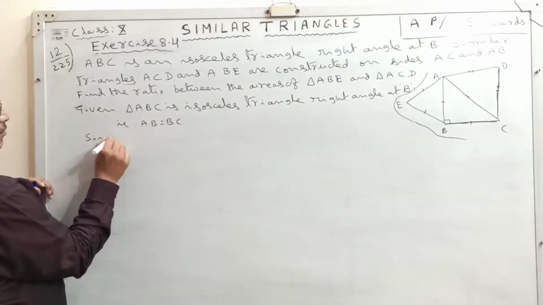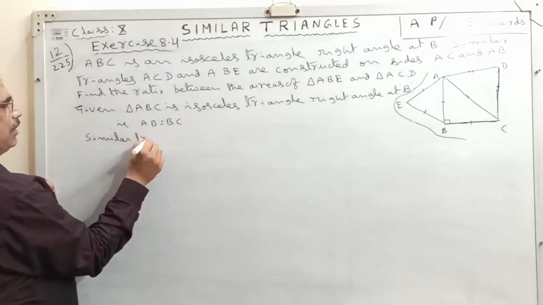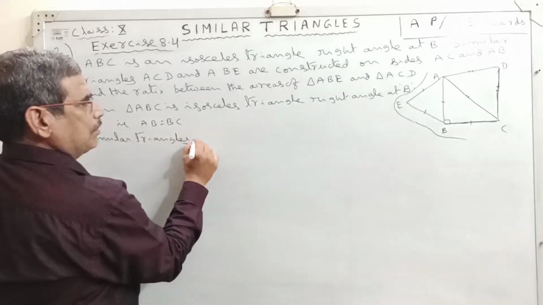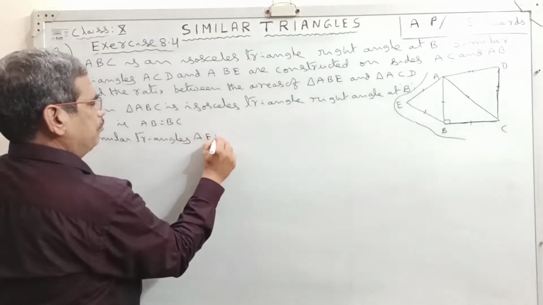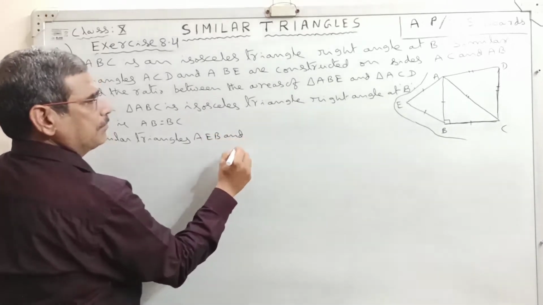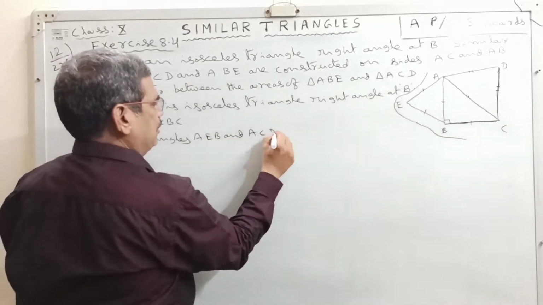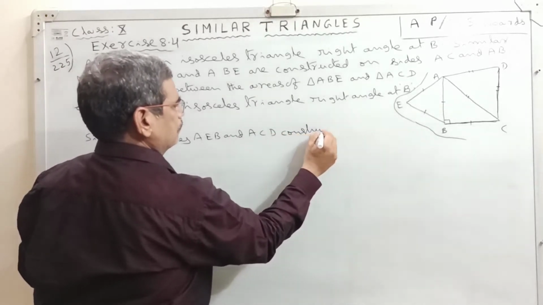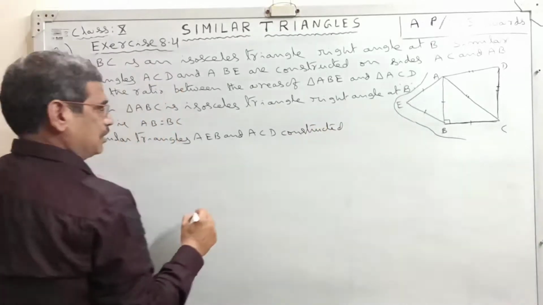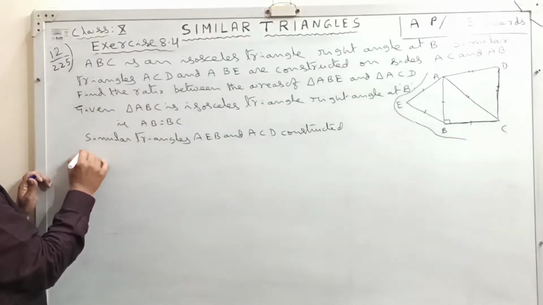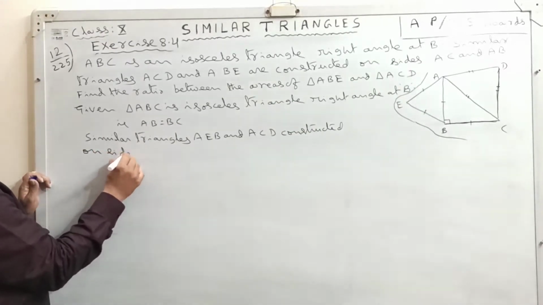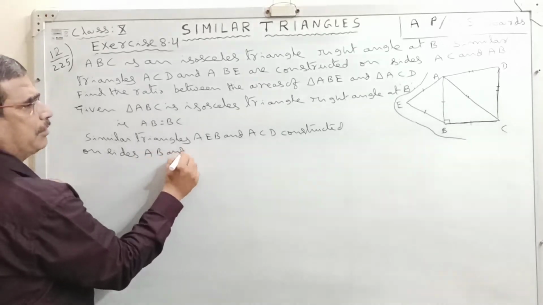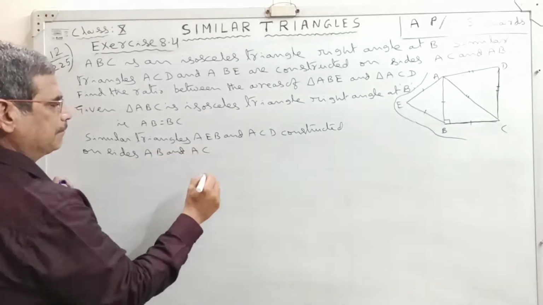Similar triangles AEB and ACD are constructed on sides AB and AC.